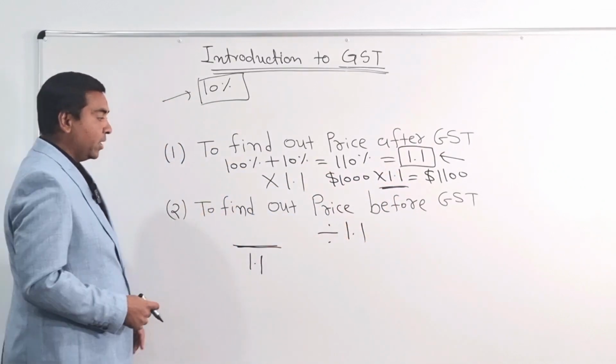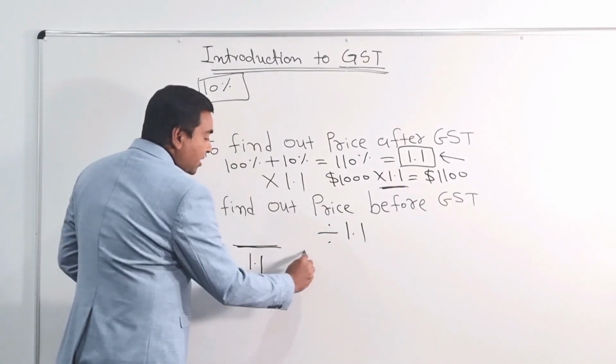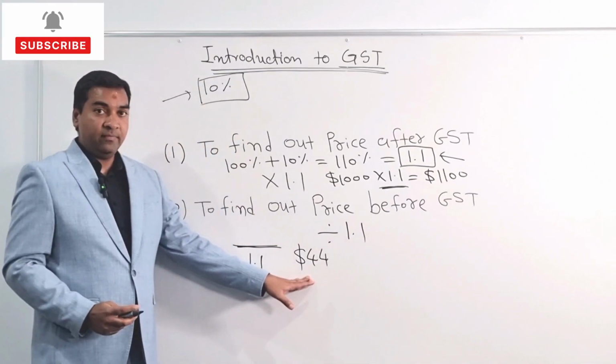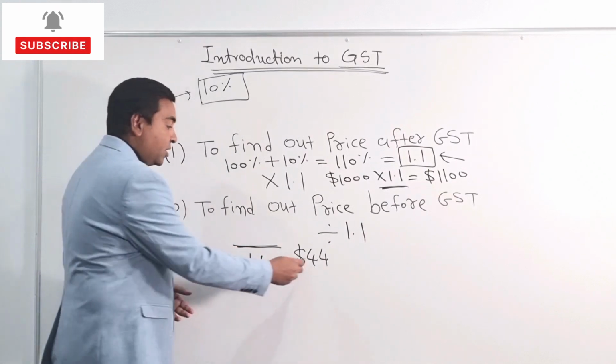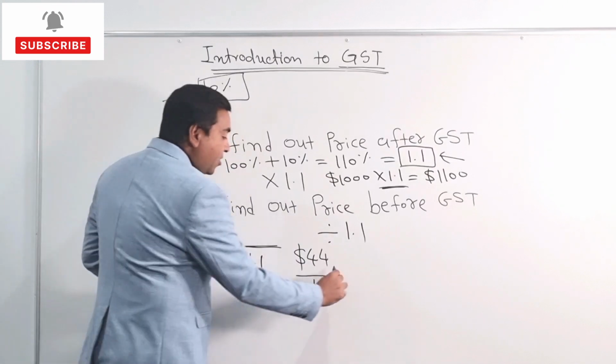I'm going to give you an example. Let us say there's a wallet and the price of the wallet is $44, and that price includes GST. You want to find the price before GST. So you can simply do 44 divided by 1.1, and then you can work it out.